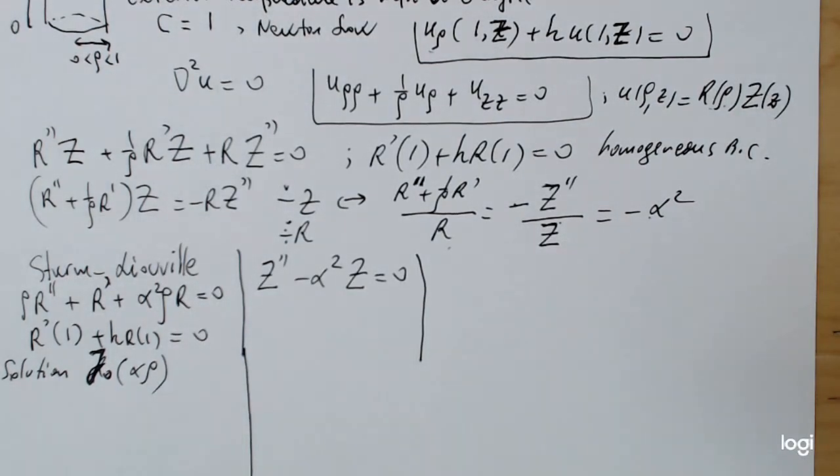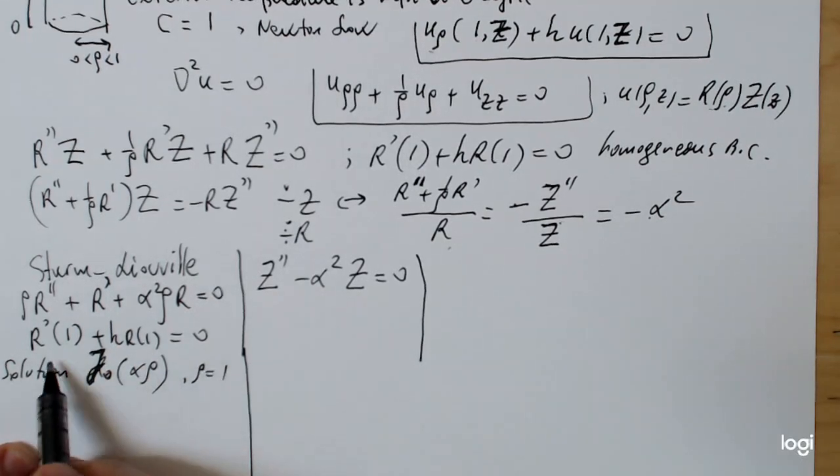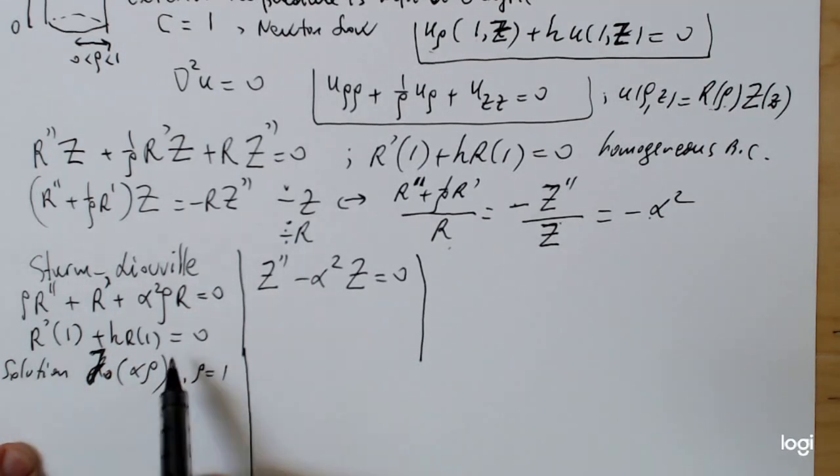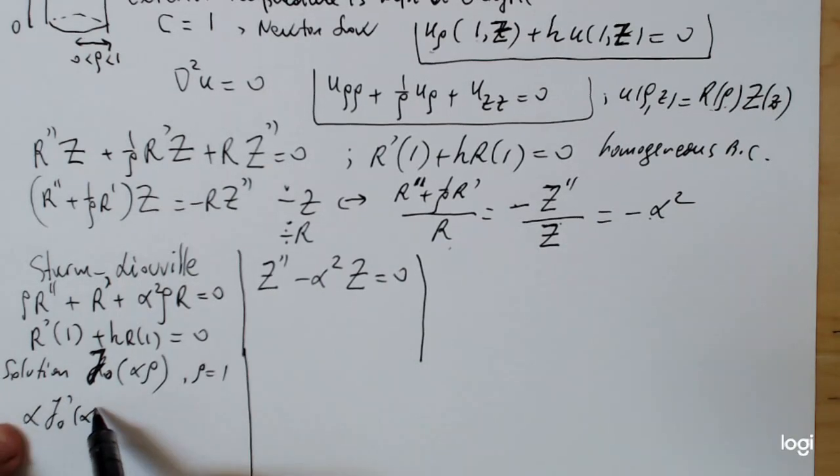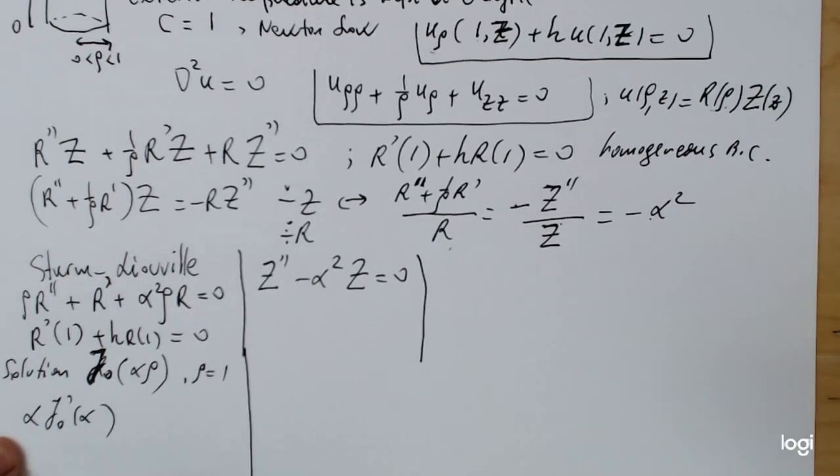And the boundary condition, if we replace rho with 1 and differentiate, is alpha J naught prime of alpha plus h J naught of alpha equals 0.